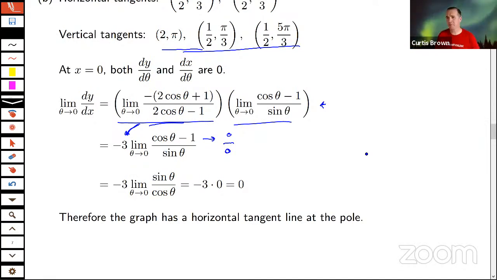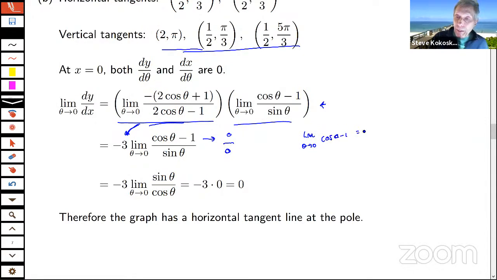Right, but it approaches it. Technically, the right way to do this for the exam would be to come off to the side here and say the limit as theta goes to 0 of the numerator is equal to 0. The limit as theta goes to 0 of the denominator is equal to 0. And therefore, this is an indeterminate form of type 0/0. And son of a gun, I need to use L'Hopital's rule here.